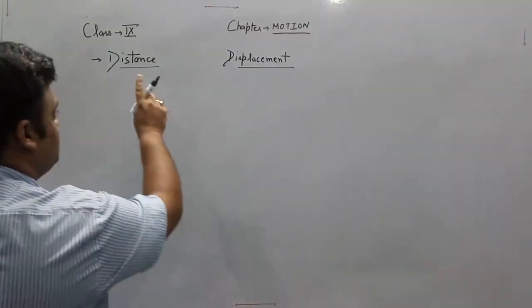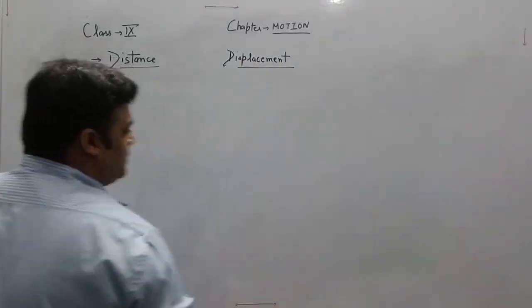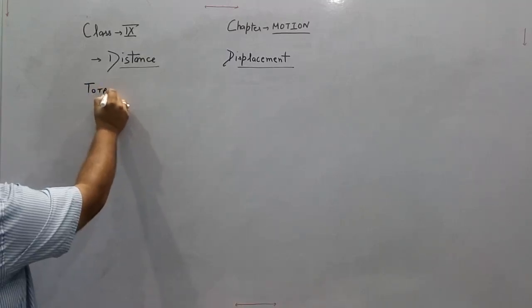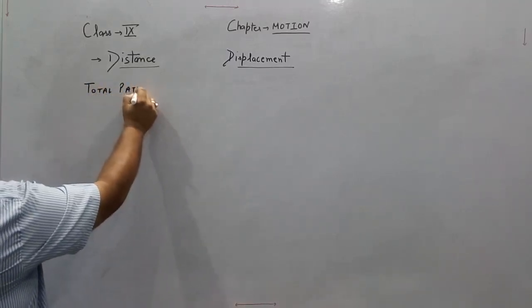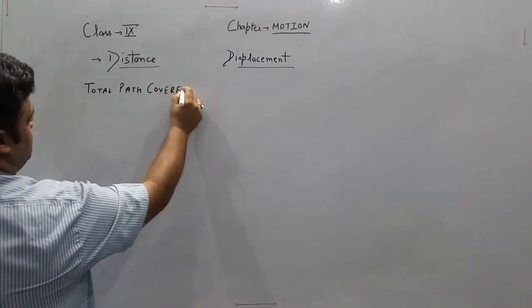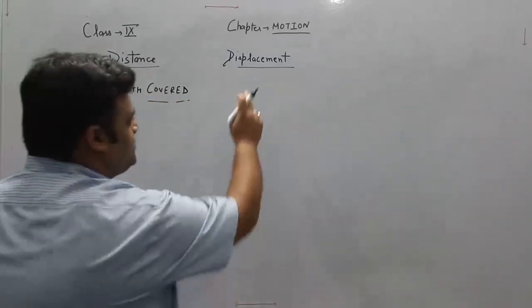First we will start with this term, what is distance and what is displacement. Distance is the total path covered by an object. And what is displacement?